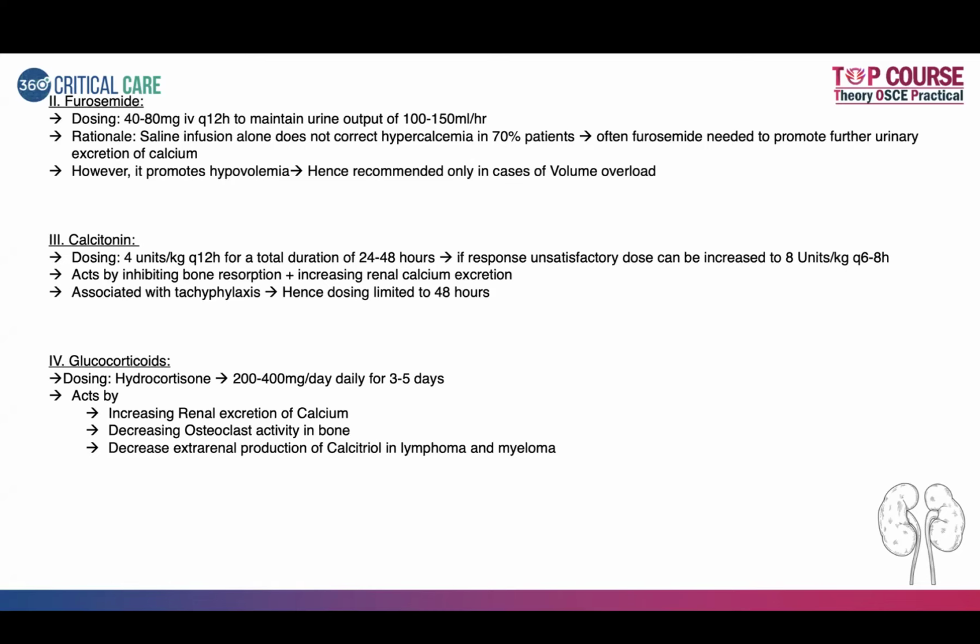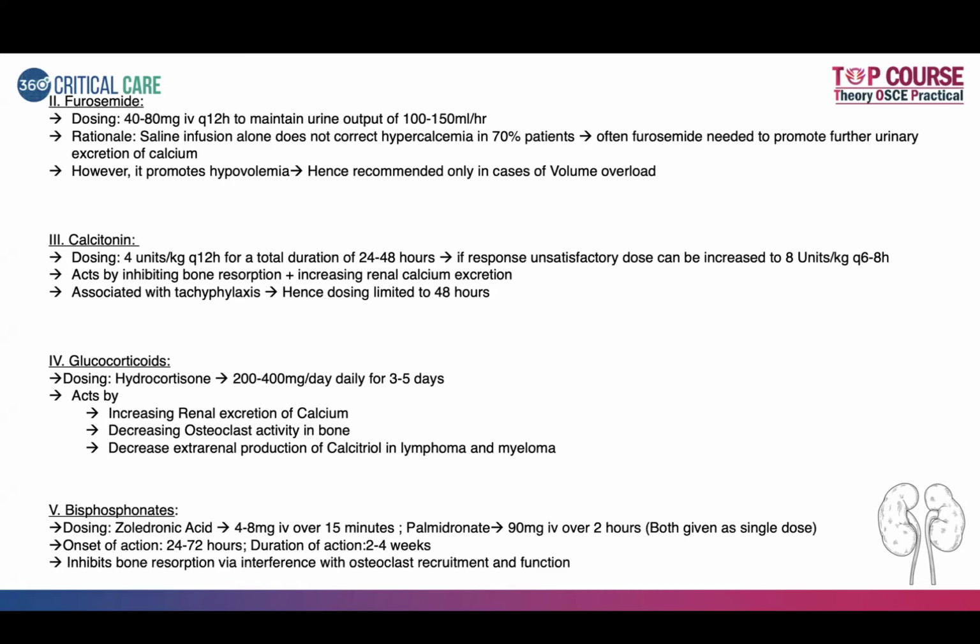But in patients who have hypercalcemia of malignancy, especially associated with the lymphomas and leukemias, you need to be very, very cautious with regard to the use of hydrocortisone or any steroids for that matter, because if it is a steroid-sensitive tumor, there is a high chance of precipitating tumor lysis syndrome, which is going to be a bigger headache to deal with.